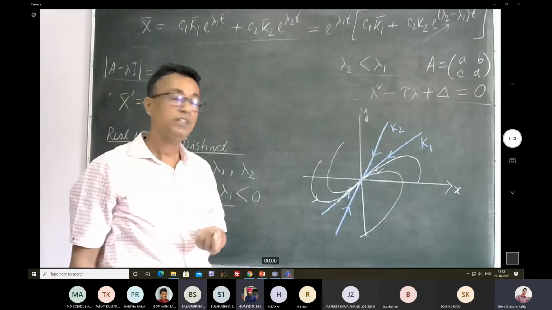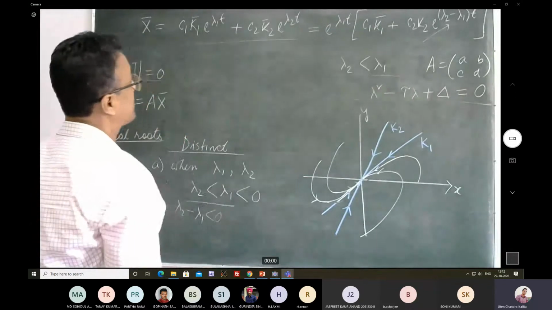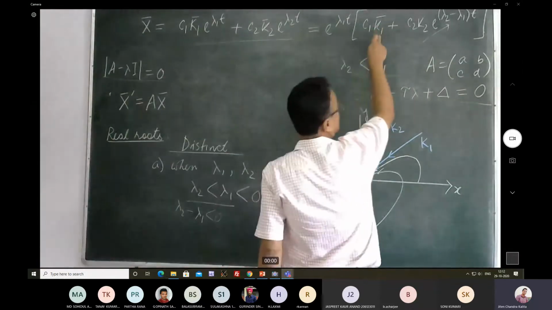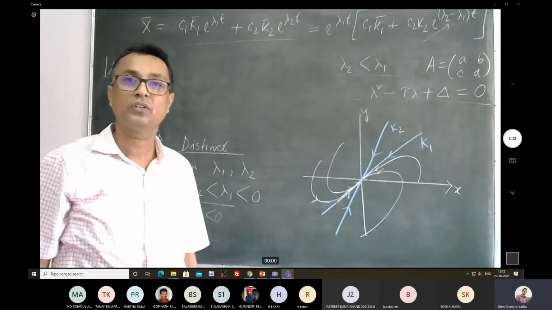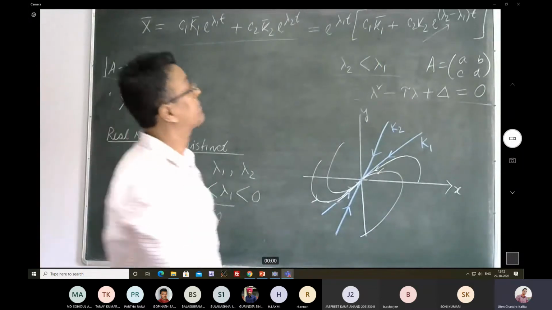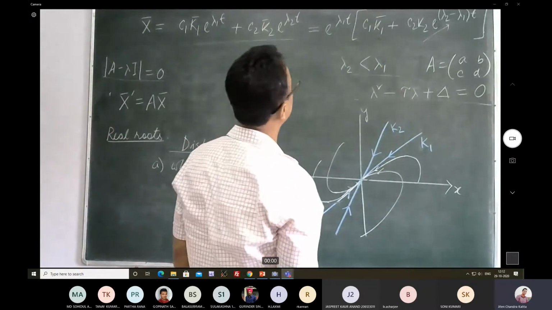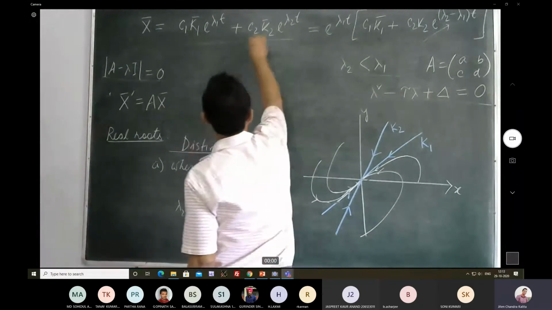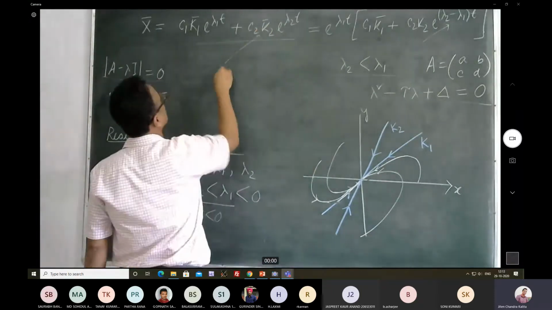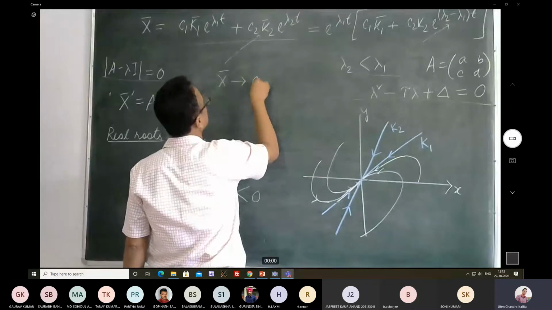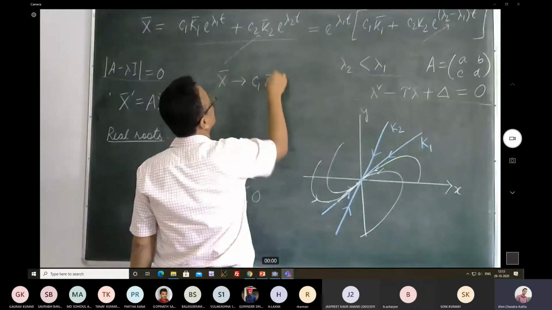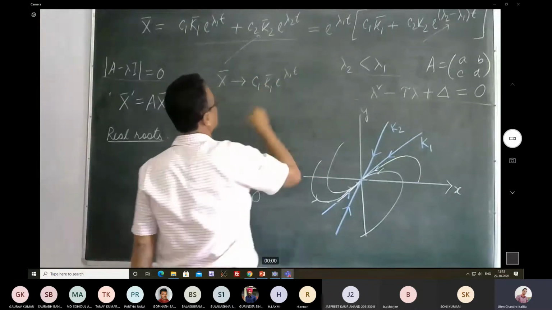Right? So that means the vector k1 is going to dominate the solution. Okay. So if t tends to infinity, from here you can see that x is going to tend to c1 k1 e to the power lambda 1 t, right?